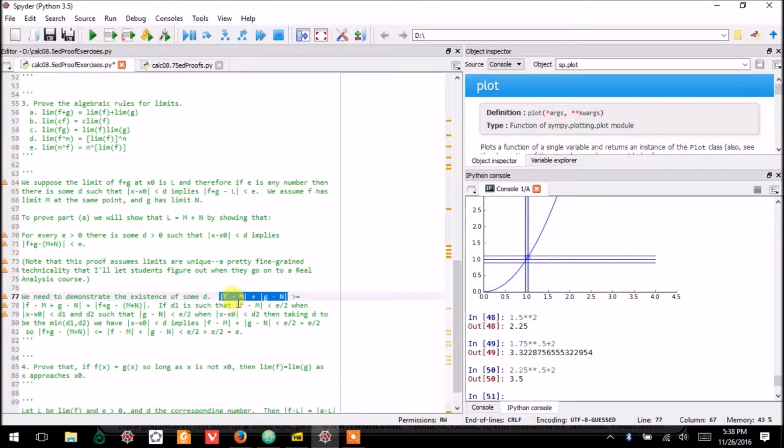And for all of these proofs, you will want to get very familiar with the triangle inequality. It comes up in epsilon-delta proofs very, very often. It says that if you sum two things in absolute value, it's potentially smaller if you put everything in one absolute value.